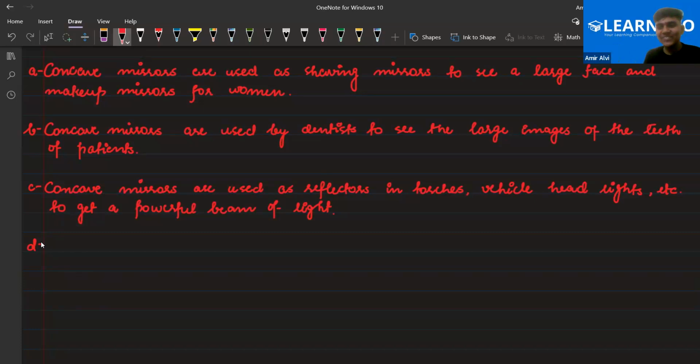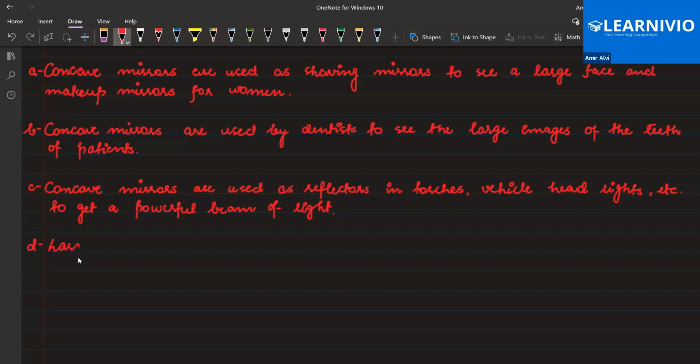The bigger version of a tandoor is called a furnace, in which we melt metals and glasses. So that is called a furnace. In the furnaces we use solar energy. So basically a concave mirror is used to concentrate the energy of the solar light rays. So that's why in that case as well, concave mirrors are used.